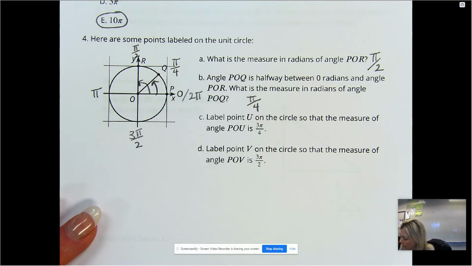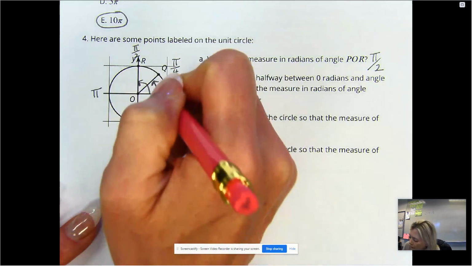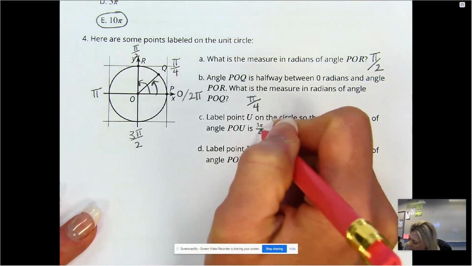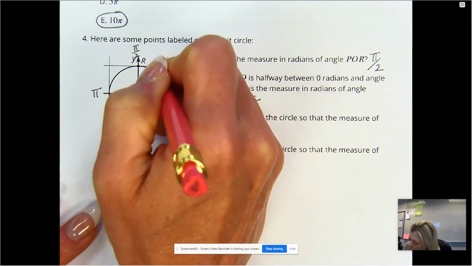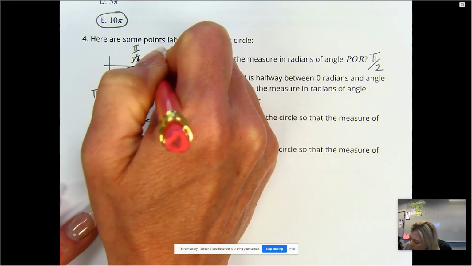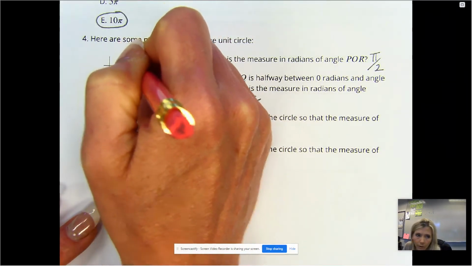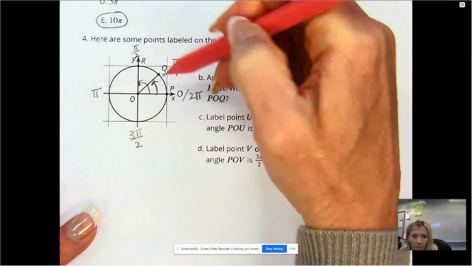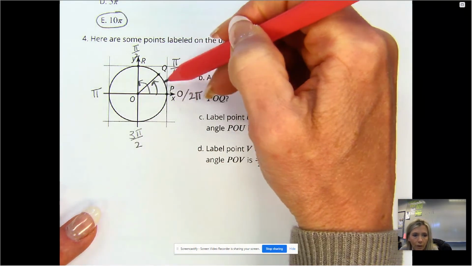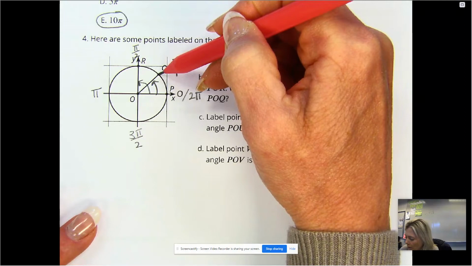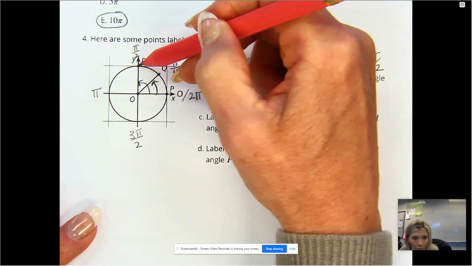Okay, label point U on the circle so that the measure of angle POU is 3 pi over 4. So for 3 pi over 4, this would be 1 pi over 4, 2 pi over 4. Oops, you can't really see what I'm doing. Here we go. So starting at 0, 1 pi over 4, and then 2 pi over 4.